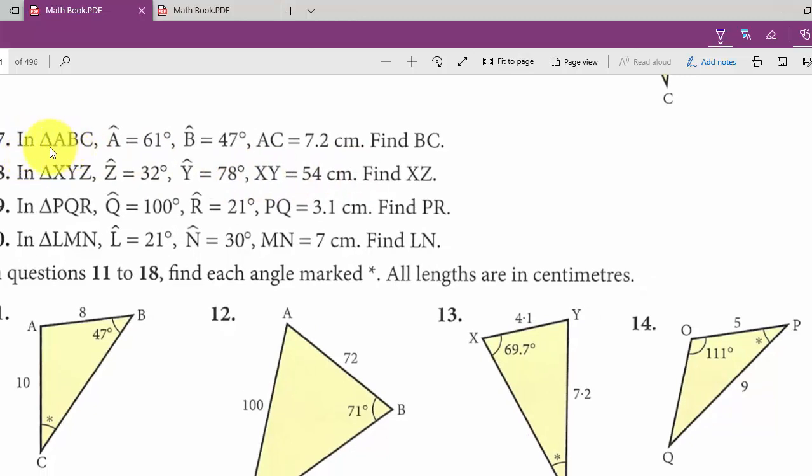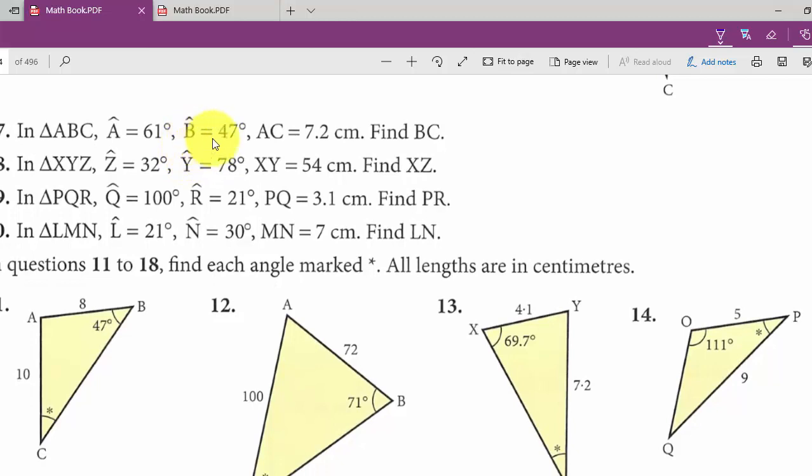Then in triangle ABC, A is 61 degrees, B is 47 degrees. So we can roughly sketch a triangle. It's not to scale, it's just to help us see which side is missing, which angle should be used. Let's call this A, B, and here C. It's fine however you name it, you always get the same result.